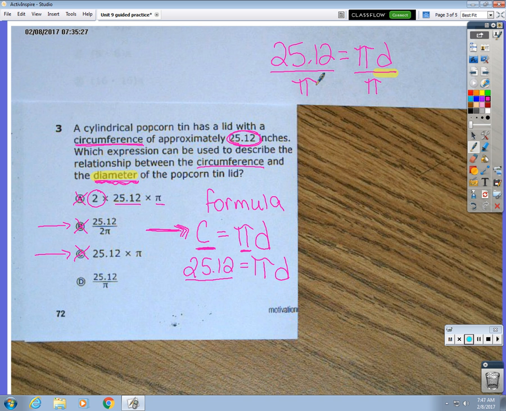Pi is not our variable here. Pi actually represents a constant value, and that constant value is 3.14. So I could have this written as 25.12, which is my circumference, divided by pi. If I divide my circumference by pi, that will give me my diameter. So if you look at answer choice D, they're dividing the circumference by pi. So your answer should be D.